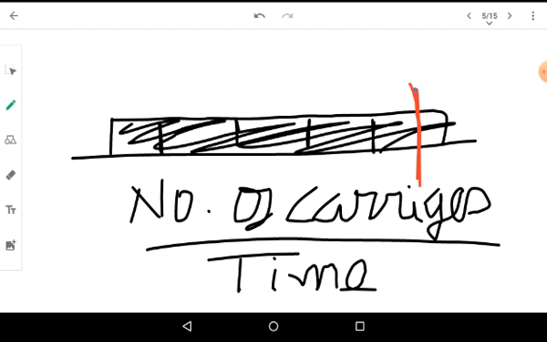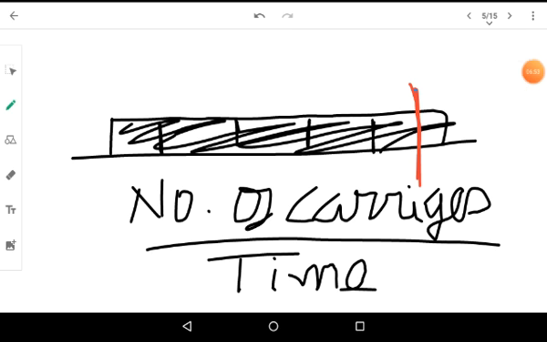Actually, the number of carriages, the number of crests and troughs that pass through in 1 second, passes a reference point, in this case the pole. So that passes a pole in 1 second, or 1 upon time.